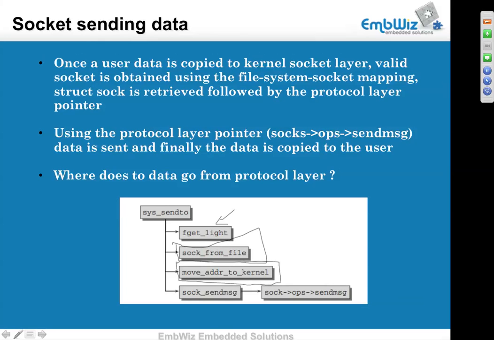So once this socket is resolved and the data is copied to kernel space, then using this two layer mapping, the data will be sent to the final protocol layer. Once the data goes to the protocol layer, where does it go?